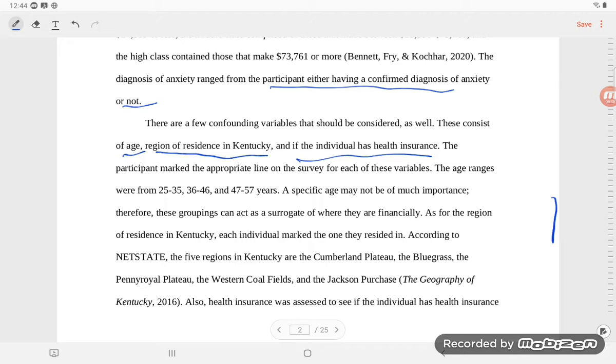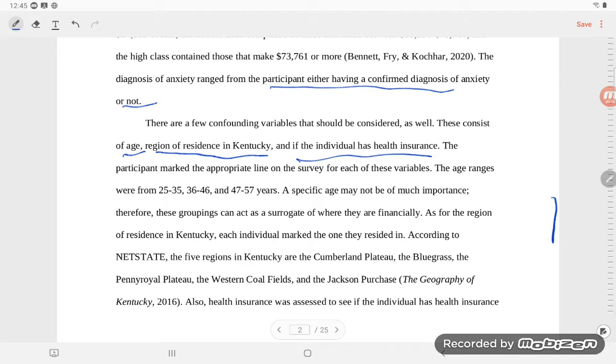I don't think they ever mention it anywhere. You don't have to go with 100 confounding variables. In most studies, you'd only be able to limit it to so many anyway. And they've considered these 3.